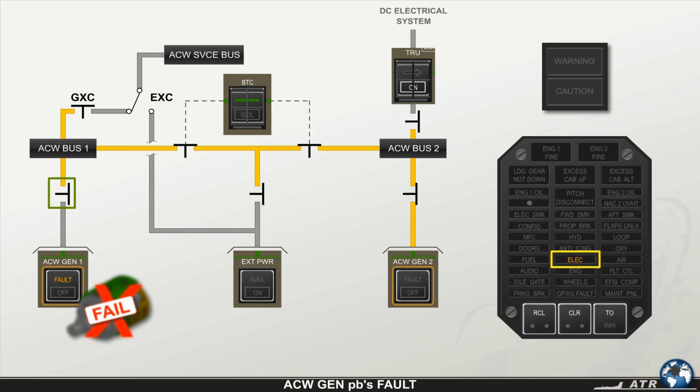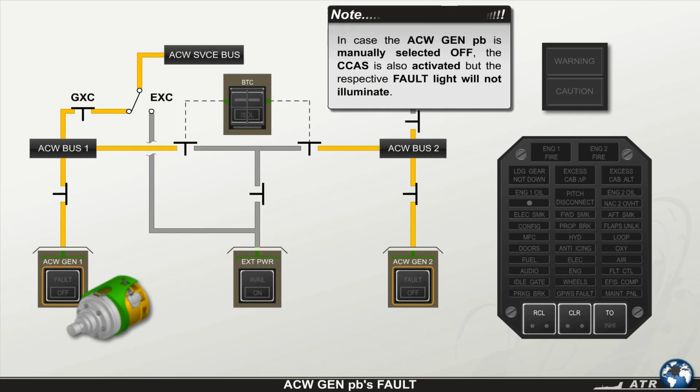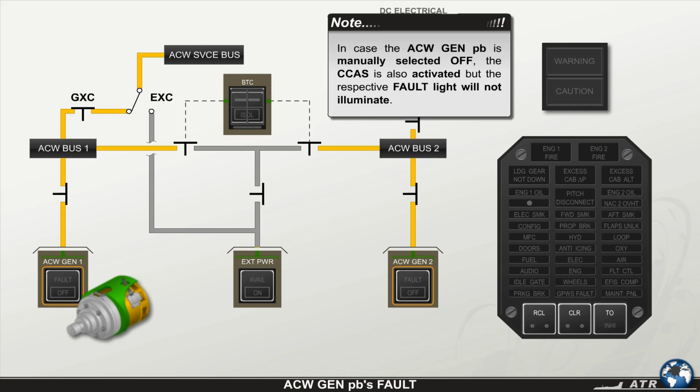This failure is identified in detail by the amber fault light in the respective AC wild generator push button. Note that in case the AC wild generator push button is manually selected off, the CCAS is also activated, but the respective fault light will not illuminate.